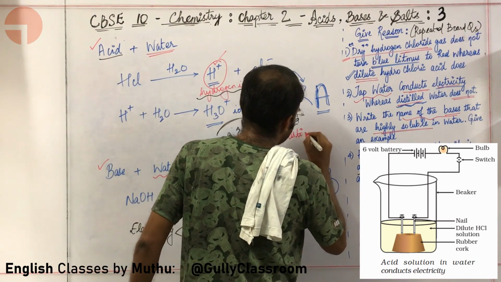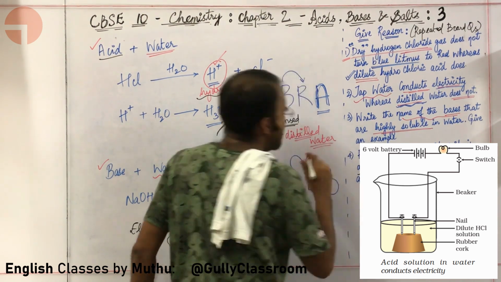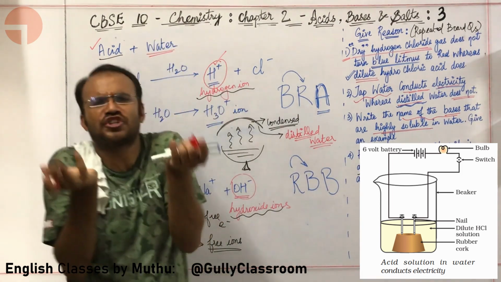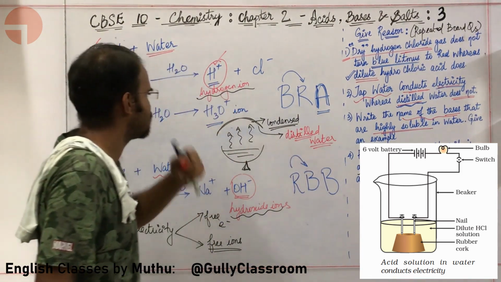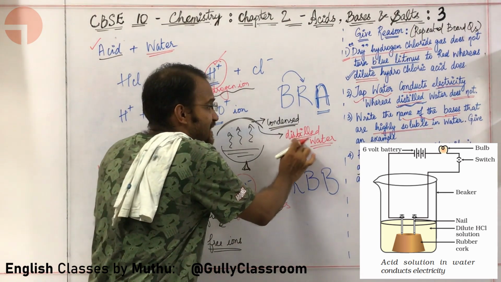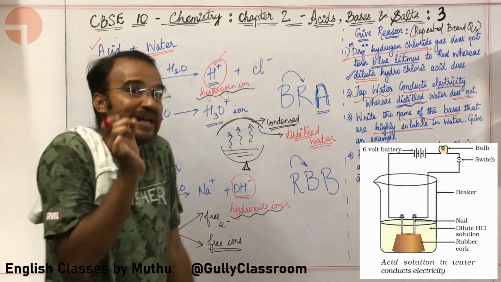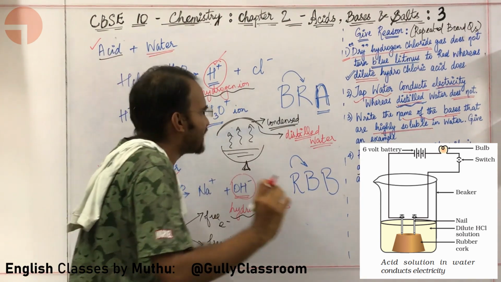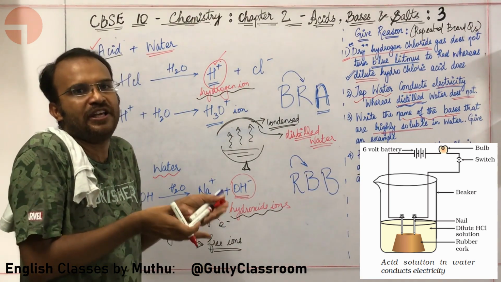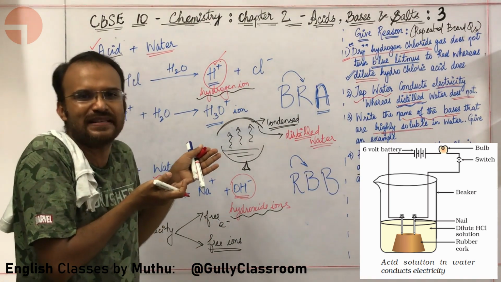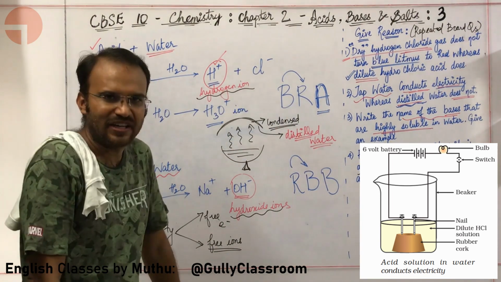The speciality of distilled water is that it does not have any acids, bases or salts. Because distilled water does not have any acids, bases or salts, it has only H2O molecules. Automatically, it does not conduct electricity, because only when acids and bases are present do we have H+ and OH- ions, and they help in the conduction of electricity.